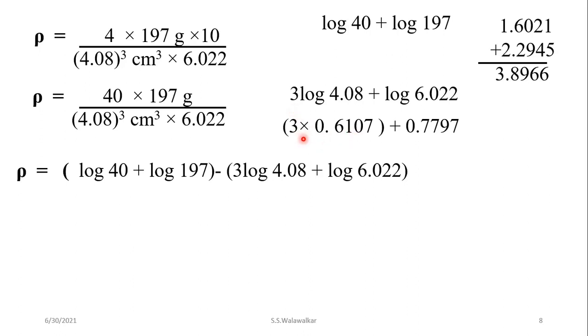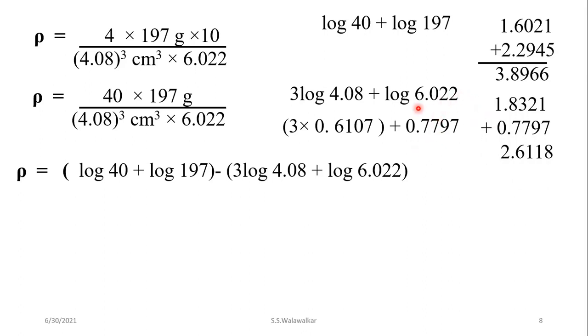So 3 into 0.6107 is 1.8321. Plus log of 6.022, the characteristic is 0, and the mantissa is 0.7797.